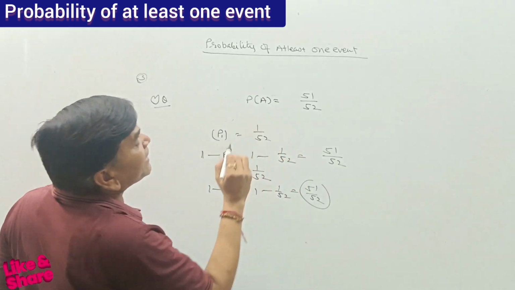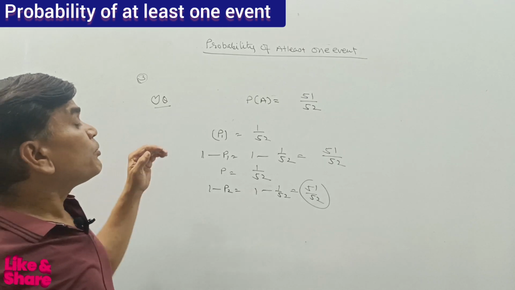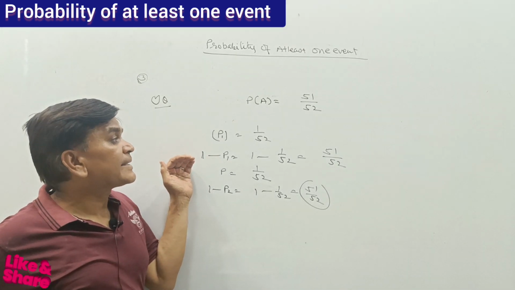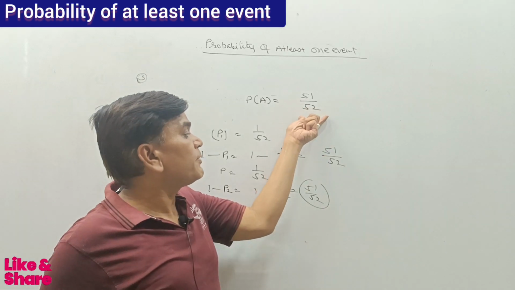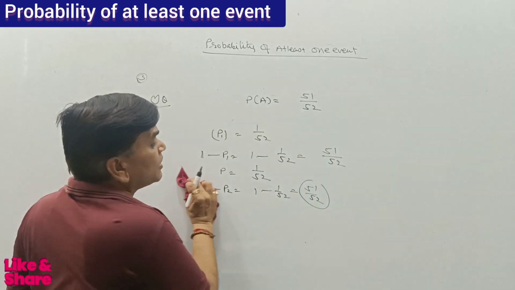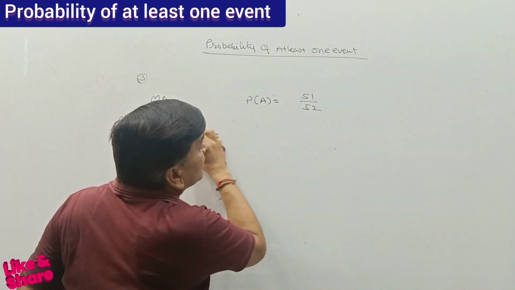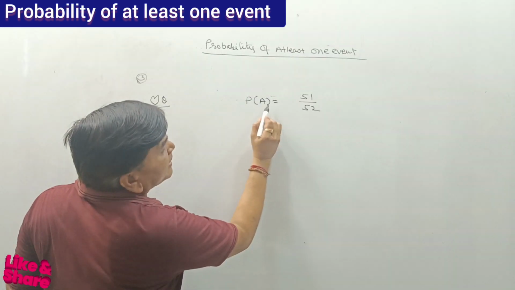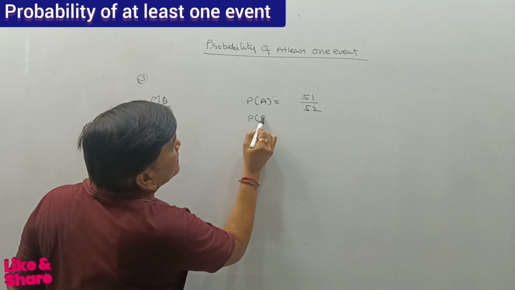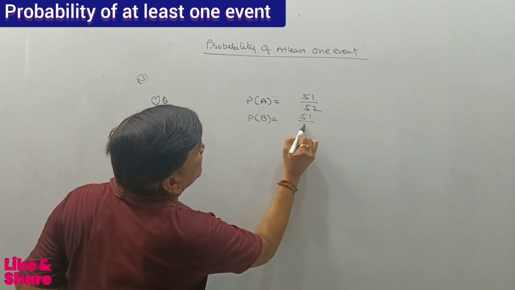So not getting queen of heart from both cards, that is 51 by 52 and 51 by 52. In first there is 51 by 52 and in second also there is 51 by 52.